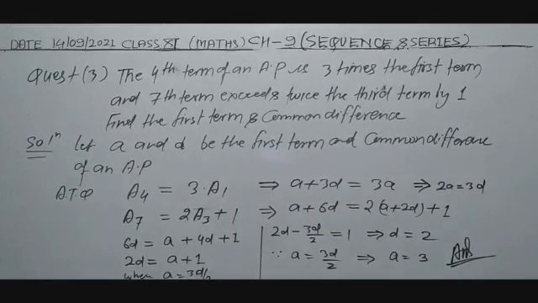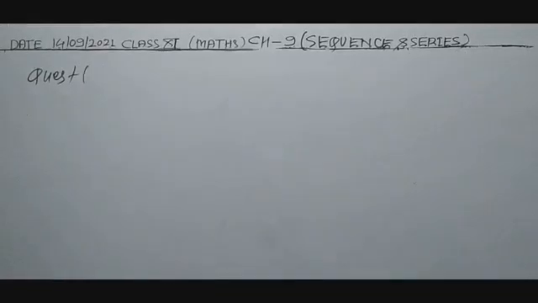Now I will come to the next question. The next question is question number 4. Question number 4 is: how many numbers of 2 digit are divisible by 7?